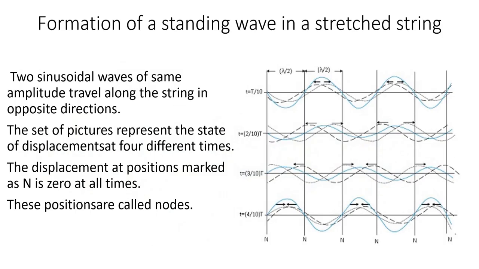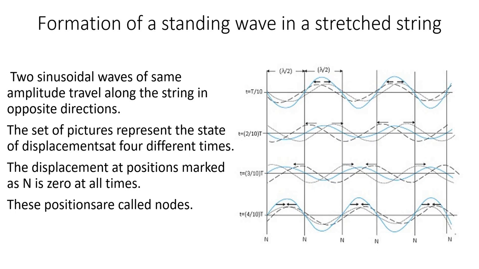So in the case of a standing wave, that is, formation of a standing wave in a stretched string, how is it formed? Here two sinusoidal waves of same amplitude travel along the string in opposite directions. Okay, and here 4 pictures are shown. The set of pictures represents the state of displacement at 4 different times.